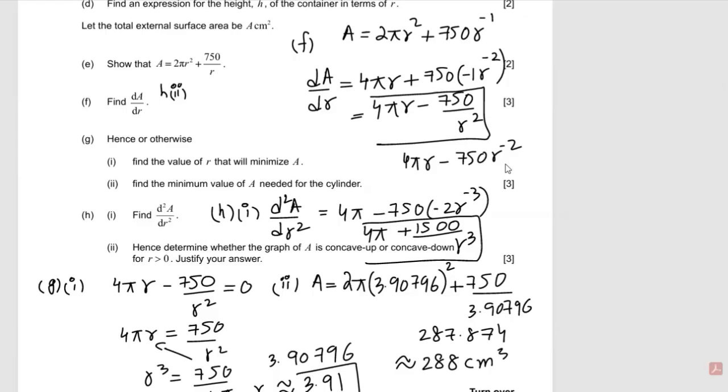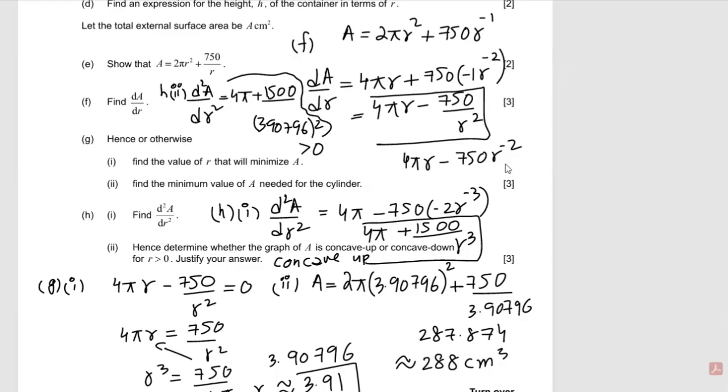You will sub in your value of r inside the double derivative expression, 4 pi plus 1500 over 3.90796 cubed. And I know for sure, if you look at this expression, that this value is positive. So if the double derivative's value is positive, your graph is always concave up. So this is concave up.